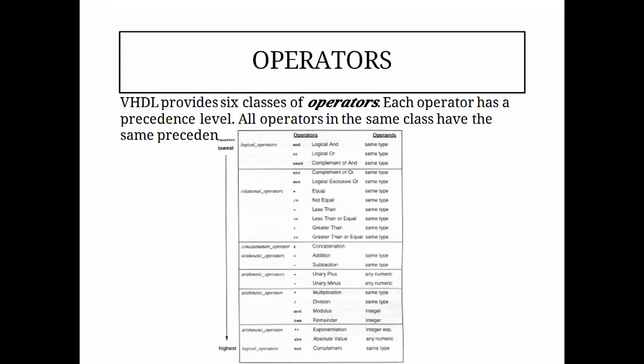The OR is the operator, and the operands are A and B. Very right. Similarly, in VHDL language also, you have different classes of operators.